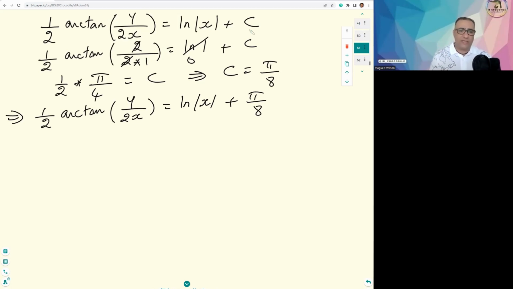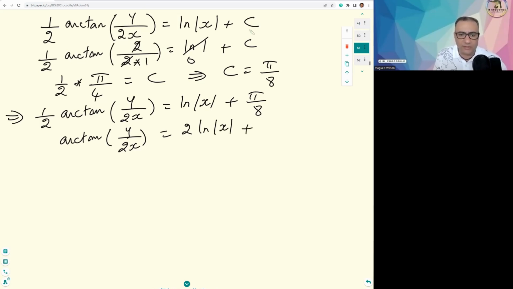So now my target is to find y as a function of x, right? So let's do it together. I can multiply both sides by 2 to get rid of that half. So arctan of y over 2x is equal to 2 times ln x plus 2 times pi on 8, which is pi on 4.